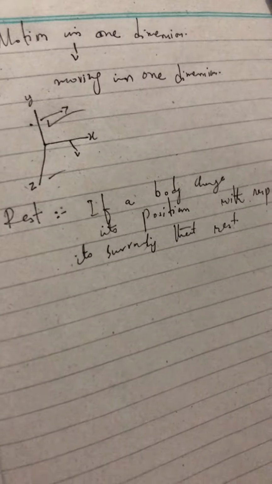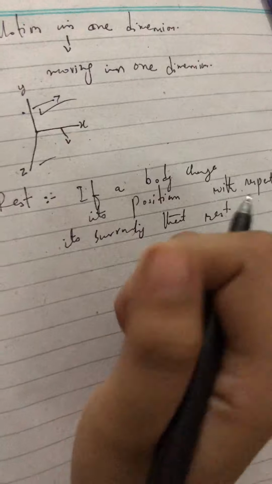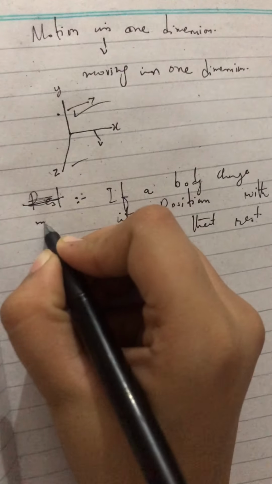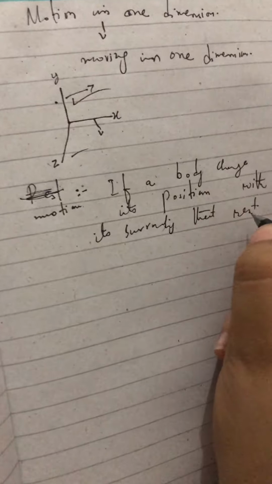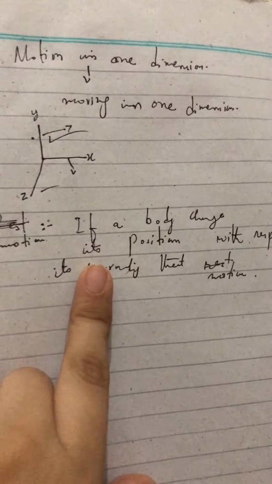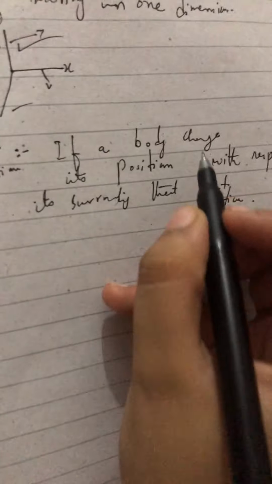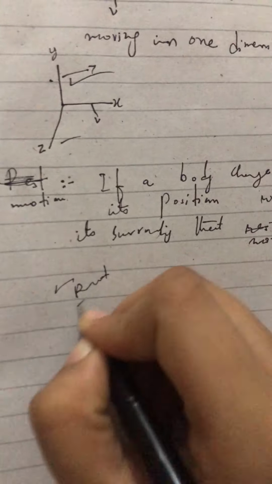If a body is moving in a direction with respect to its surroundings, that body will be in motion. But if we talk about rest, if a body cannot change its position with respect to surroundings, that will be called the rest. Like the reverse of motion, we can say that is the rest.